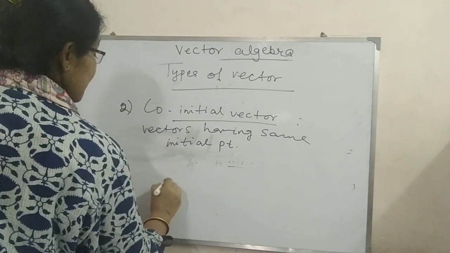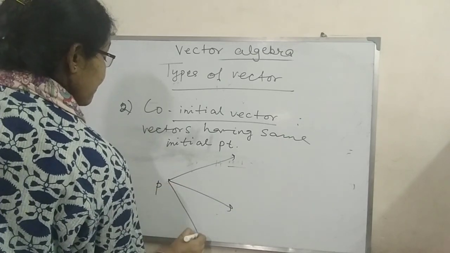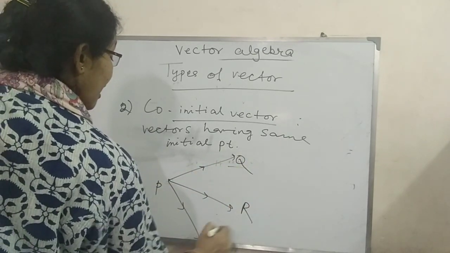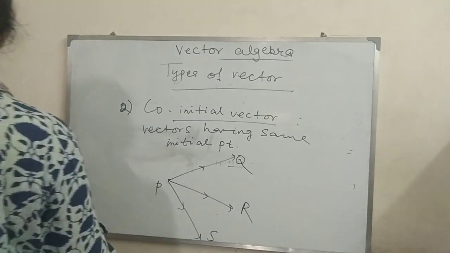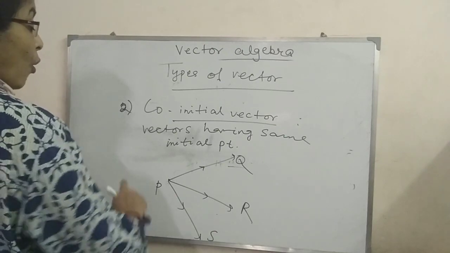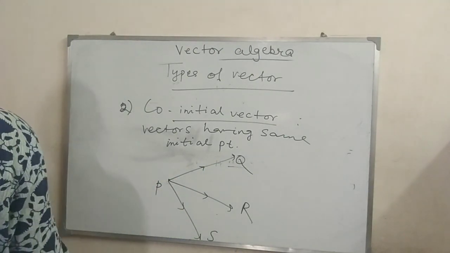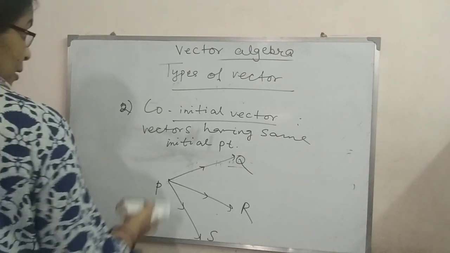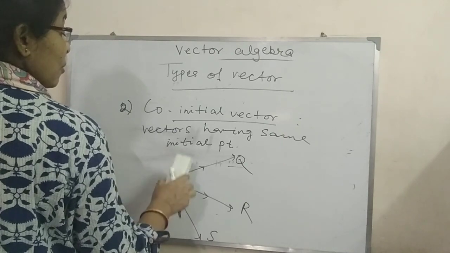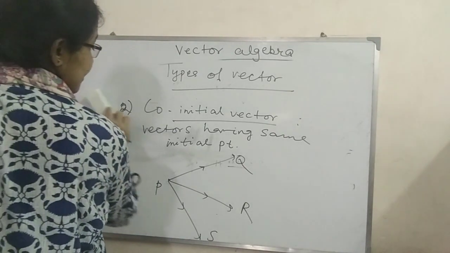For example, P is a point, and we have PQ, PR, PS. Here P is the initial point for vector PQ, vector PR and vector PS. So these are vectors having the same initial point. For all vectors, P is the initial point.